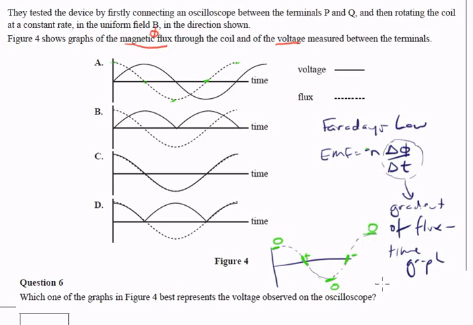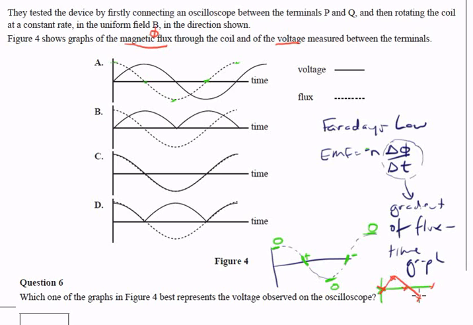So we're looking for a graph that at the first point is at 0. Let's do it in red. Is at 0, then is positive, then is 0, then is negative, then is 0.